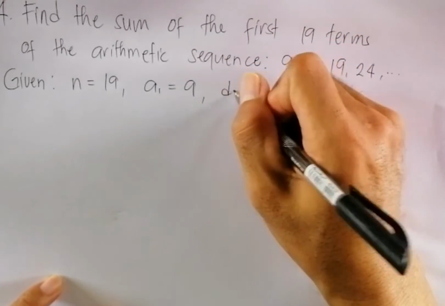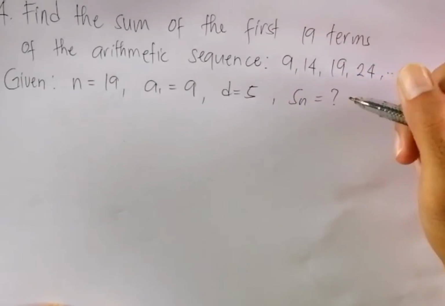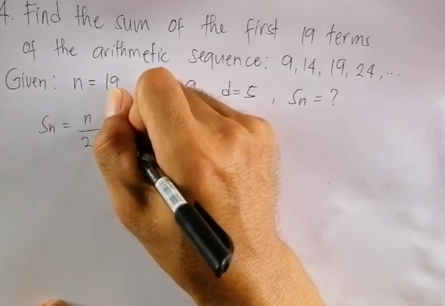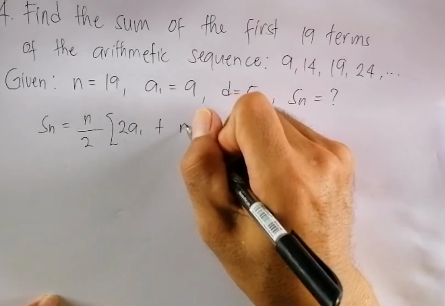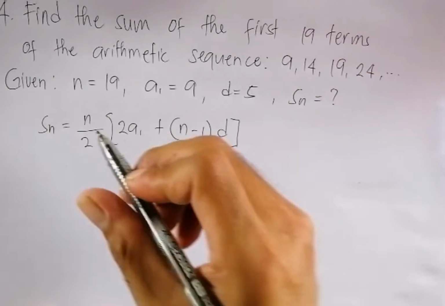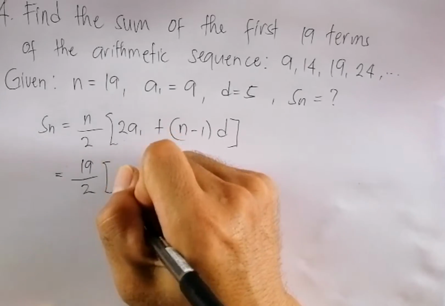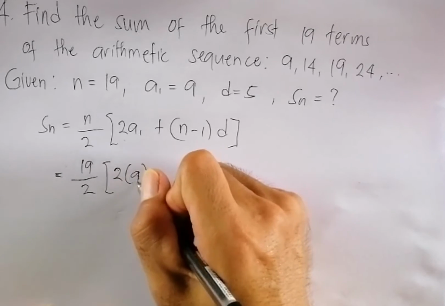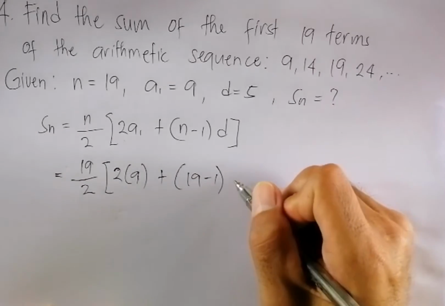The common difference is 5, the difference between 14 and 9. S sub n is equal to n over 2 times 2 a sub 1 plus the quantity n minus 1 times the common difference. That is 9, and n minus 1.